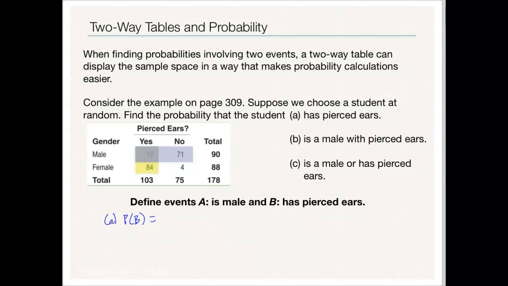So the total number of outcomes then would just be the total number of people we surveyed. So that's 178. And then I would just want to look for the total that have pierced ears, right? And so the total that have pierced ears is going to be that. Remember what we call that? That's a marginal distribution. That's the totals and the margin. So that's just 103 out of 178.